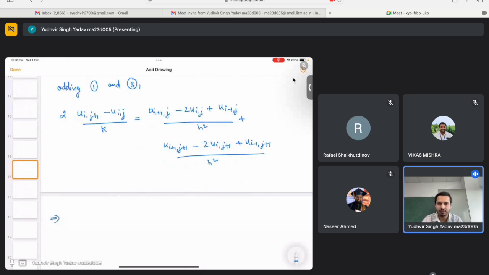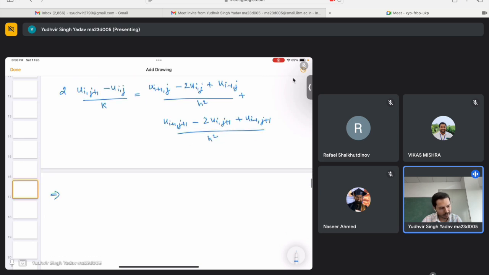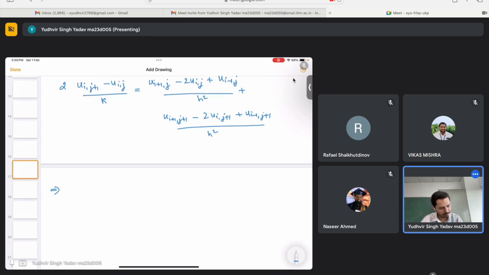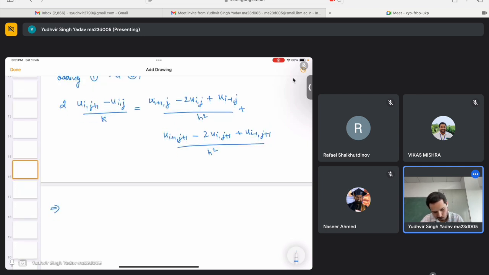So now again we will simplify this equation. We have h square common from both the terms on the RHS. So the final scheme will have u i j plus 1. This will be k by h square, we will take it as lambda.